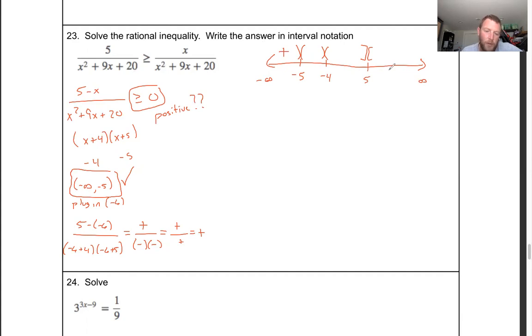Then you got to do that for all three. Okay. So this one, from negative 5 to negative 4, I'm going to plug in, I don't know, negative 4.5. So 5 minus negative 4.5 divided by negative 4.5 plus 4, negative 4.5 plus 5.